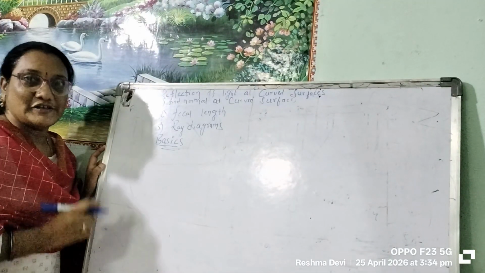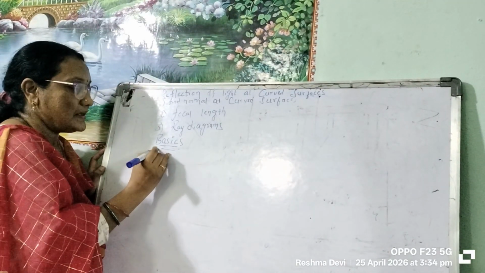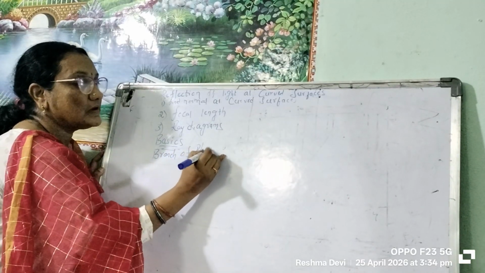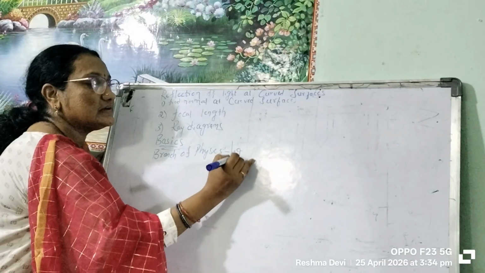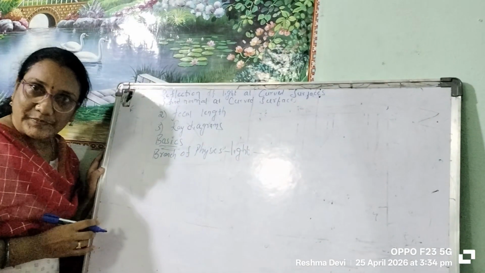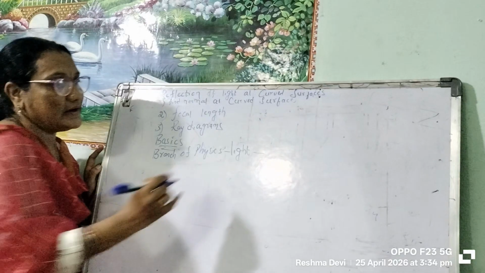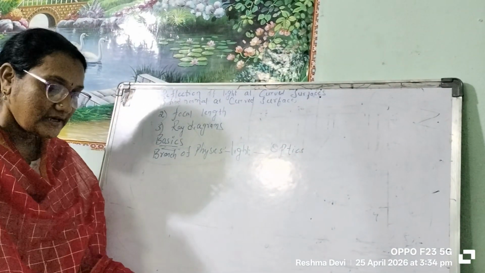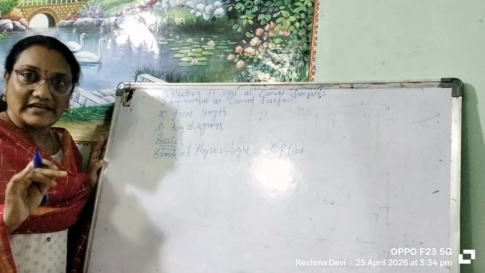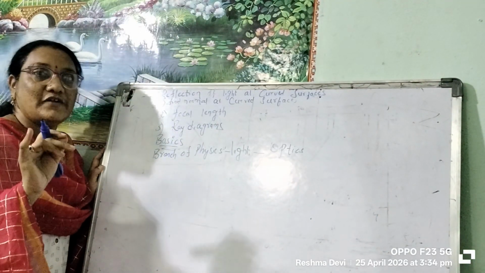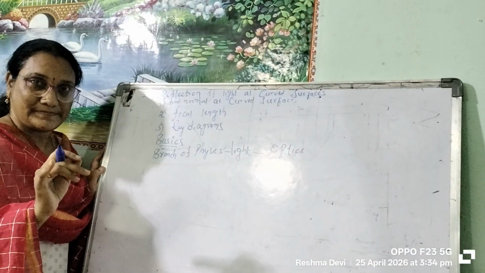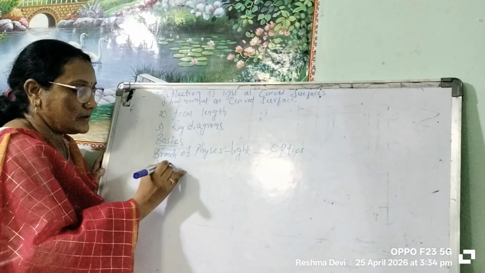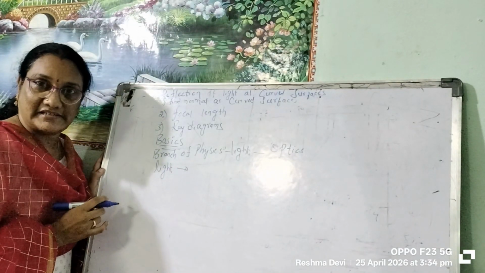First, the branch of physics which deals with light properties, we call it optics. Next, the definition of light.